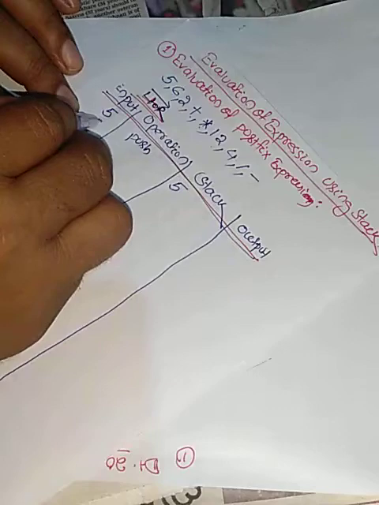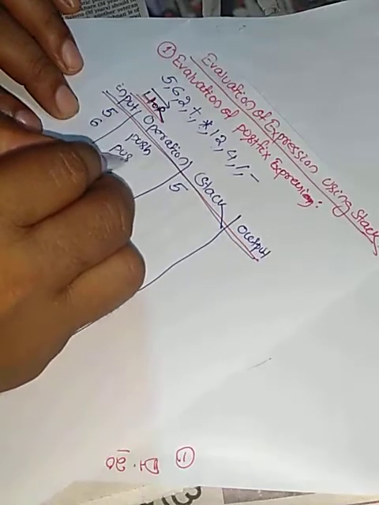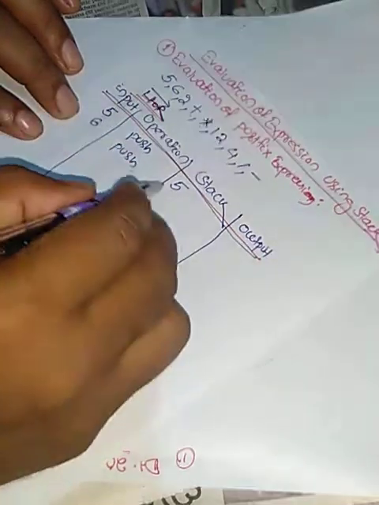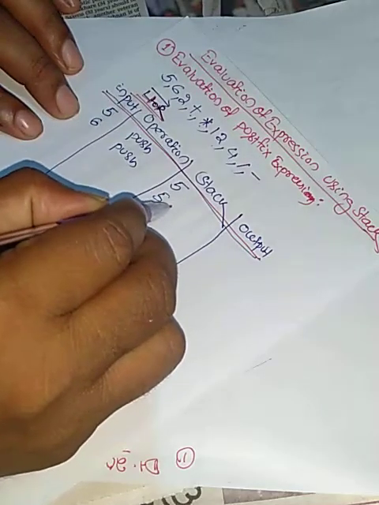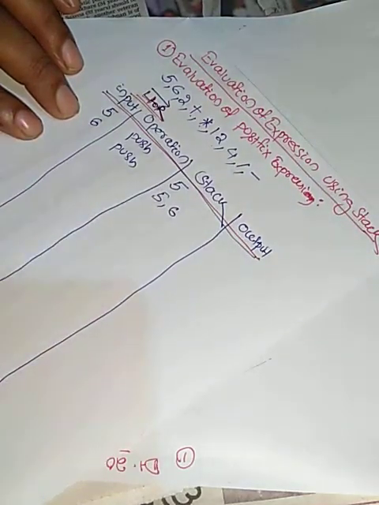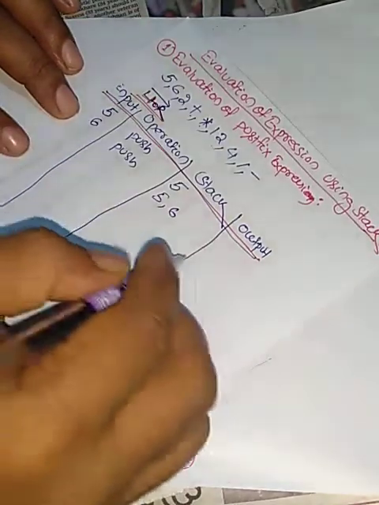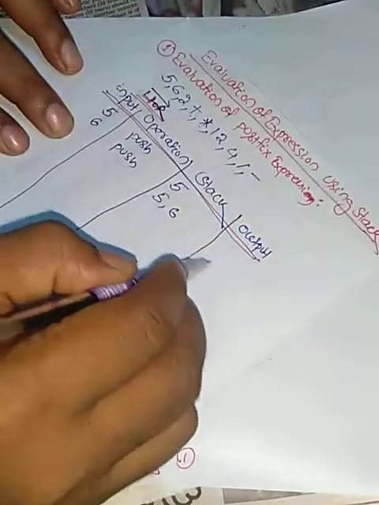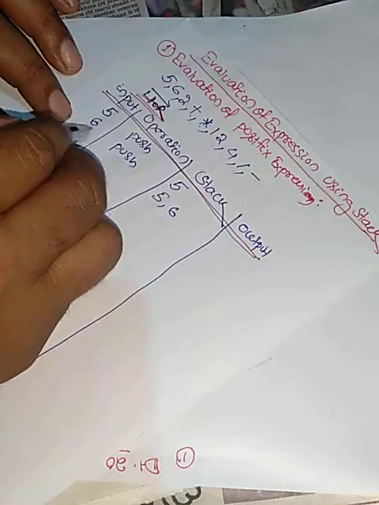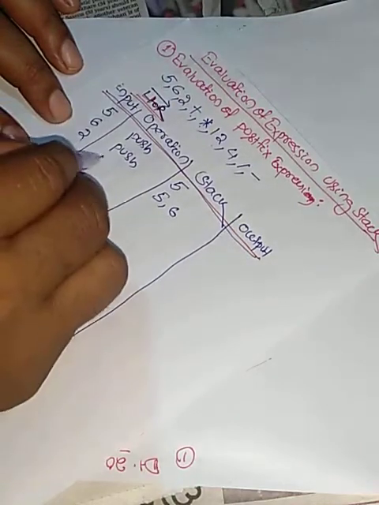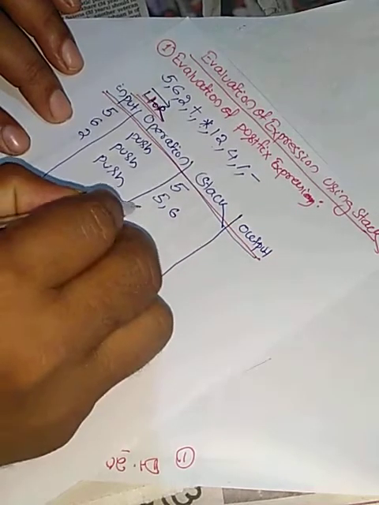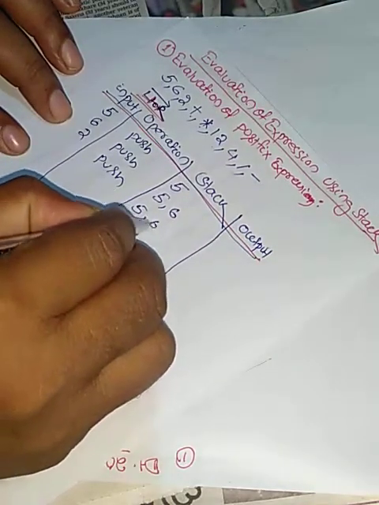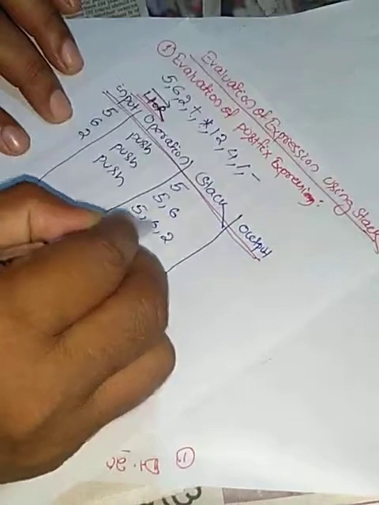Then we'll scan the symbol 6 and again push it. Now the stack contains 5 and 6 on top. Again we encounter another symbol, 2, and we'll push it. After pushing, the stack contains 5 at the bottom, then 6, and 2 on top.